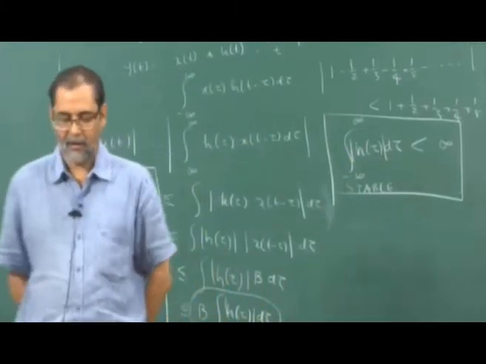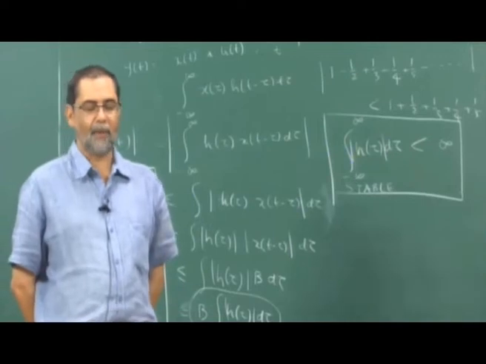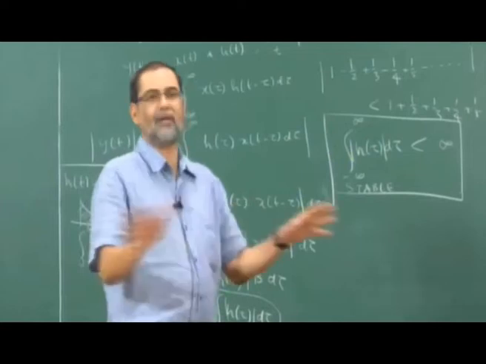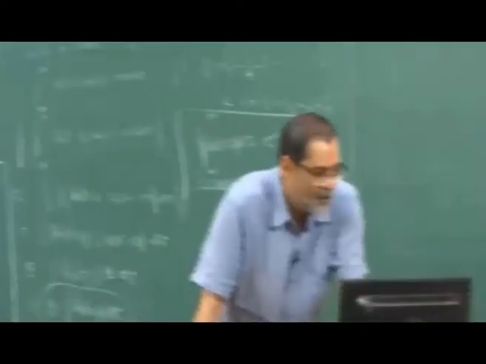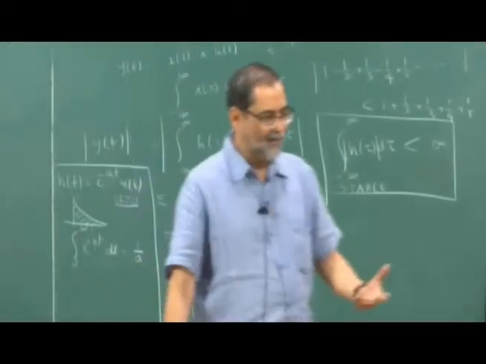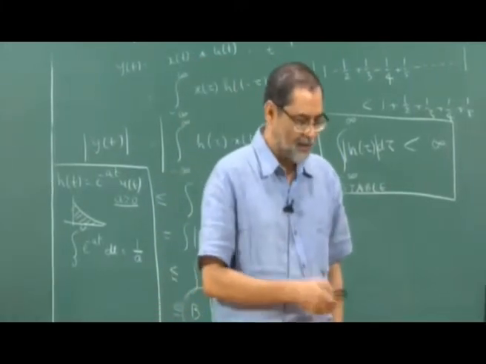So for us, I have defined stability as bounded input, bounded output stability. So h of t is u of t, it is not, okay, that part is clear. So I don't know whether it's critically stable or not. Then, let me continue with my impulse response study.